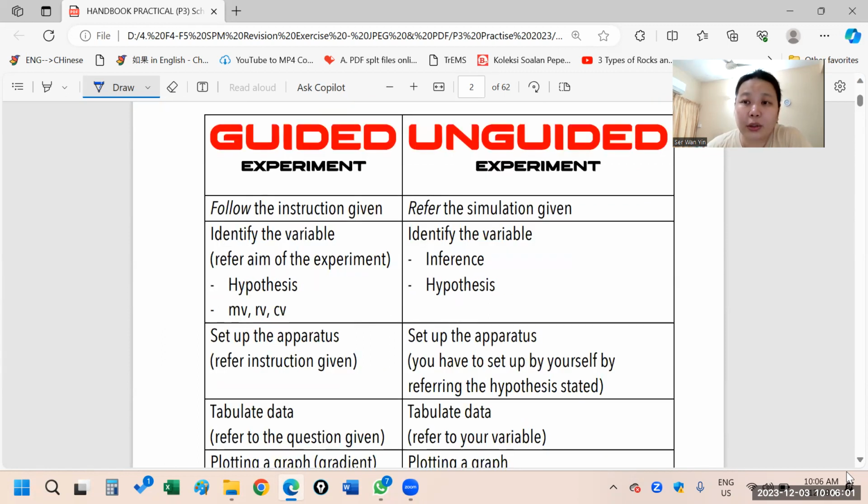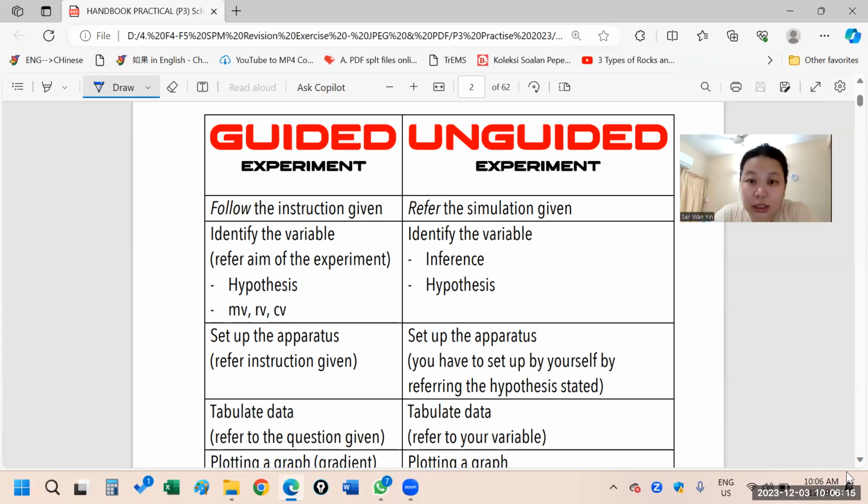Okay, so when you want to start your experiment, you need to check your apparatus in the first 5 minutes and read. Then I'm not sure, maybe this year is guided or maybe unguided. What is guided?